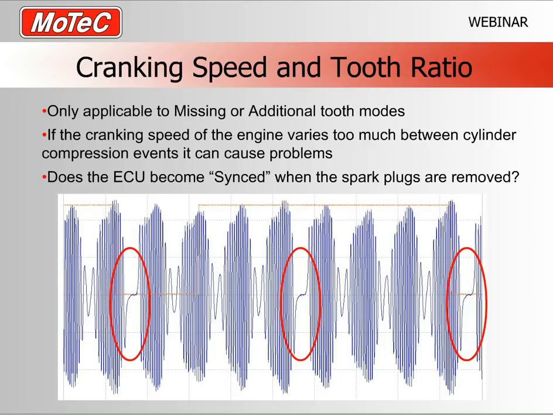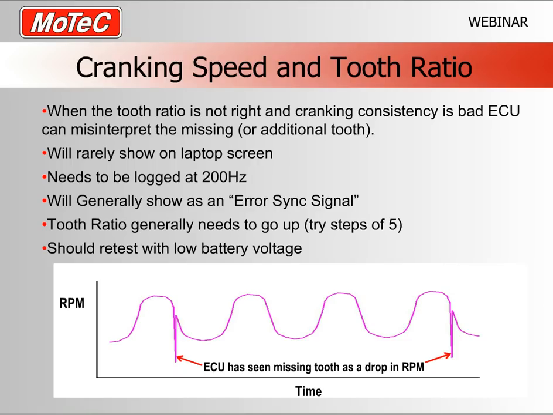If suddenly, without the plugs, the ECU syncs up no problem, then you have a cranking consistency problem, and you need to change the tooth ratio setting in the ECU.